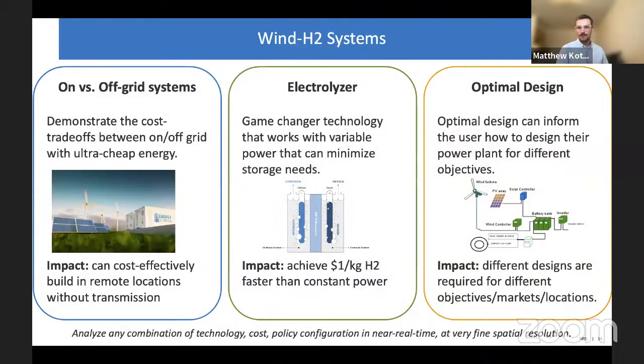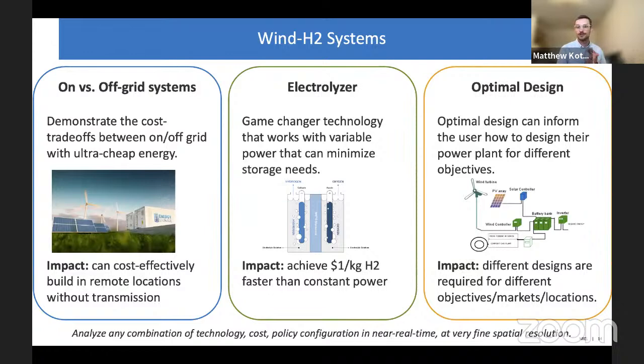The first project that I wanted to talk about is what we have been calling wind H2 systems. This project was very interesting, and there are a lot of unique components that we've been taking into consideration to help ensure that we have different future outlooks for different scenarios. For this project, we looked at on-grid versus off-grid systems for hydrogen production with wind.